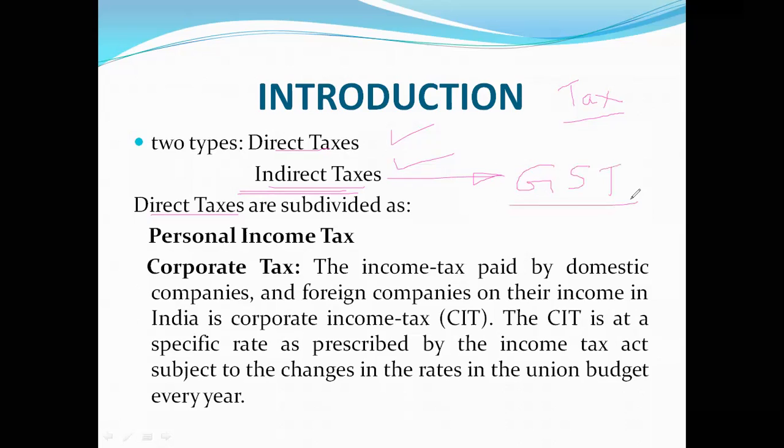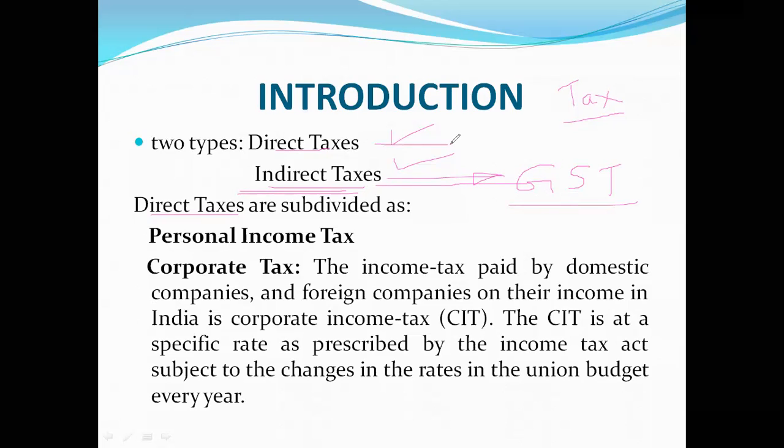This is an indirect tax. On behalf of the customer, on behalf of the taxpayer, a middleman will pay to the government. So that is a form of indirect tax, GST. In direct taxes, there will not be any broker, any mediator. Directly a taxpayer will pay tax to the government.